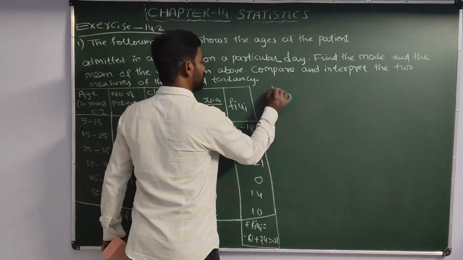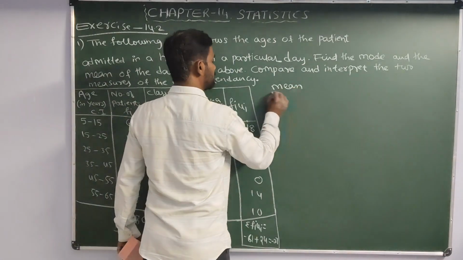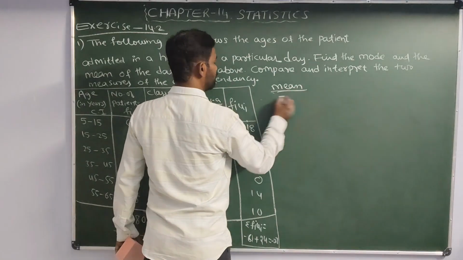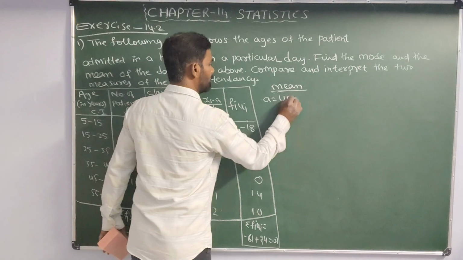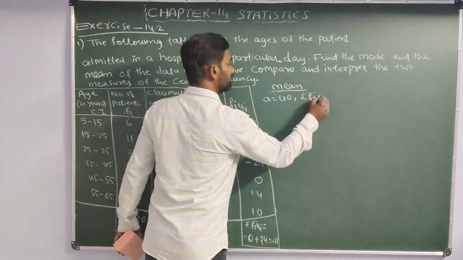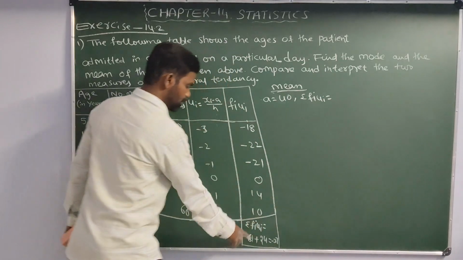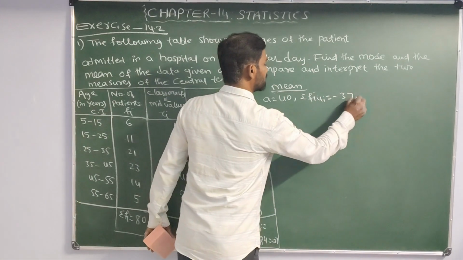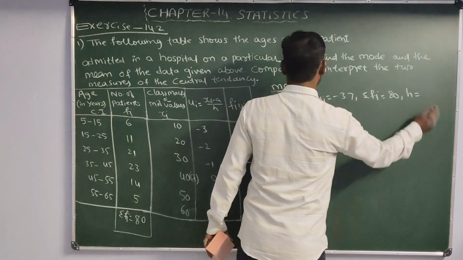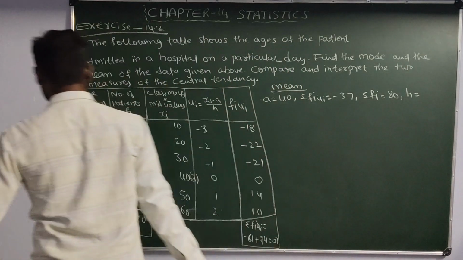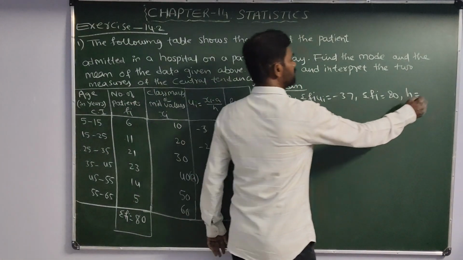First of all we are finding the mean by using the step deviation method. First write the assumed value, which is 40. Sigma FiUi is minus 37, sigma Fi is 80, and h value is 10, that is 15 minus 5.